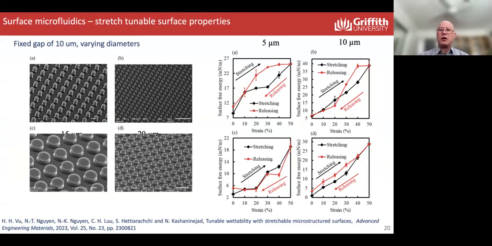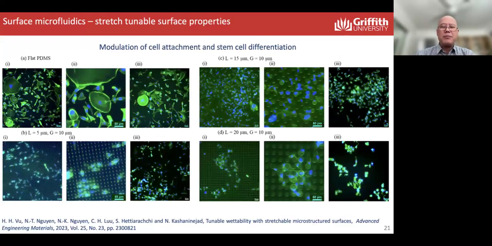If you put a droplet on top of this array and stretch it, the contact angle of the droplet will change as well. So this stretching of a flexible substrate provides another means of controlling surface energy. And that has application, for example, in controlling the fate of stem cells if you grow cells on it.